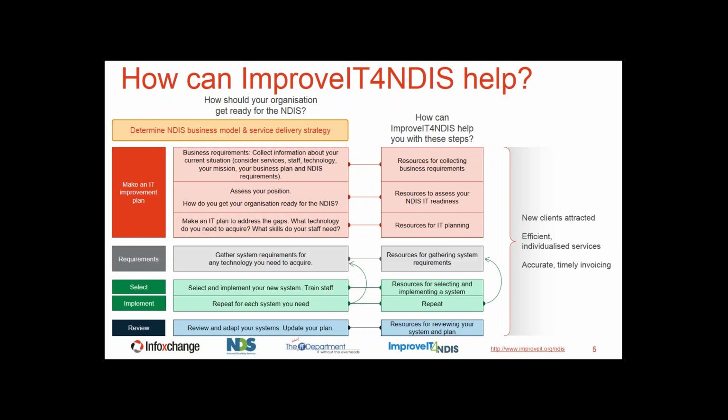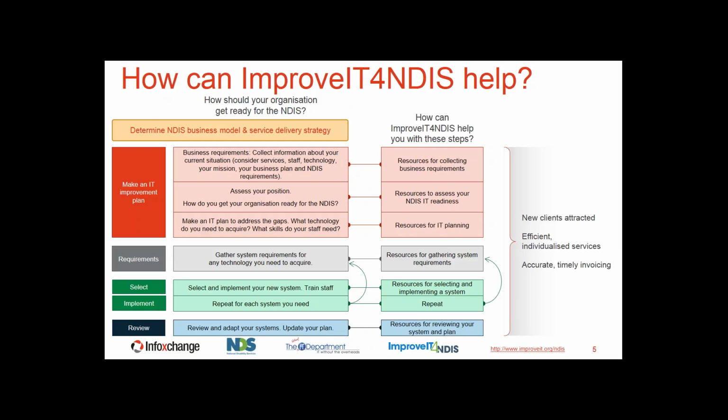ImproveIT can help with those steps. There's resources for collecting business requirements, and we've got the online self-assessment to assess your IT readiness, as well as a range of different resources for IT planning. Information about thinking about the cloud versus local infrastructure, information about social media and website improvements, a whole range of different resources to help you get ready.